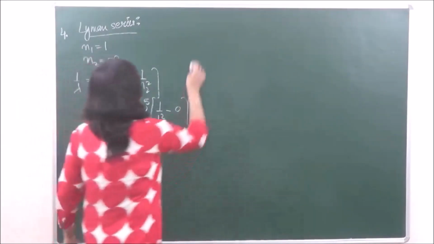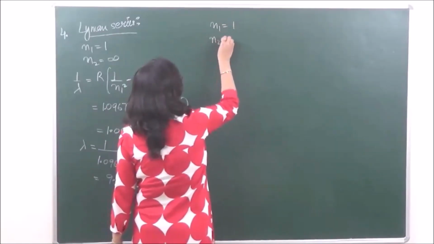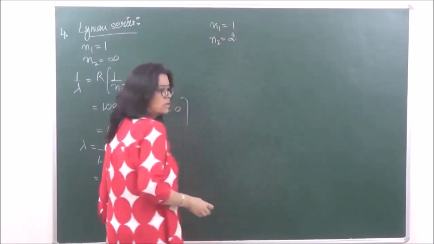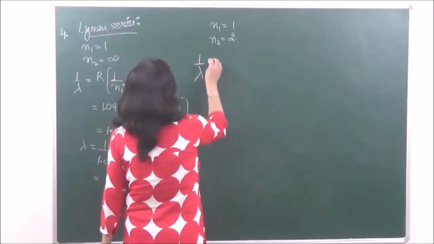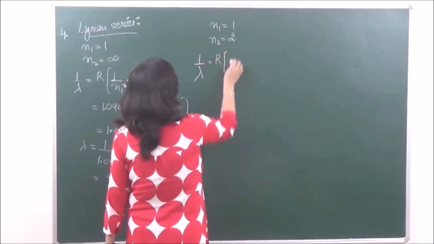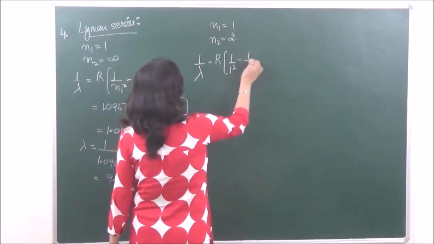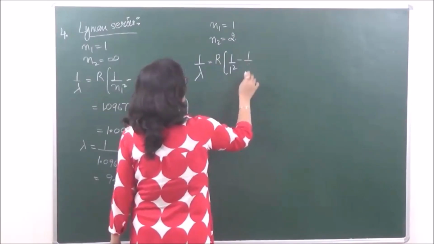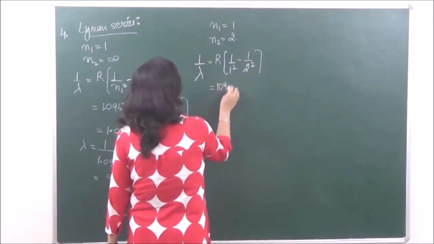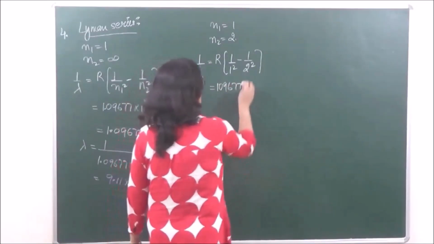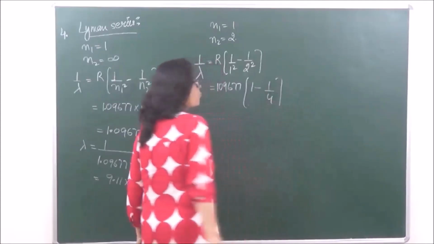Then in a similar manner, you can calculate it for longest wavelength. For longest wavelength, n1 is going to be equal to 1 and n2 is going to be equal to 2. So we have 1 upon lambda equal to R into 1 upon 1 square minus 1 upon 2 square, which is 109677 into 1 minus 1 by 4.